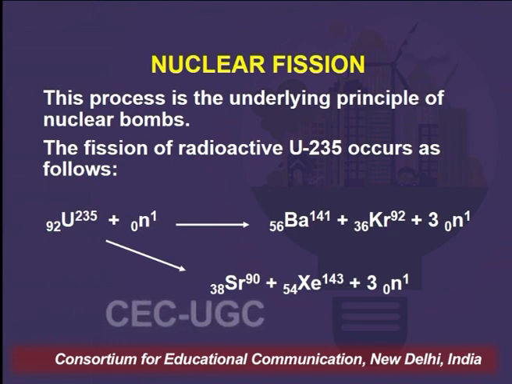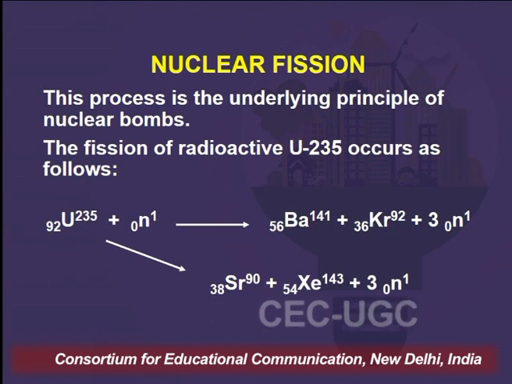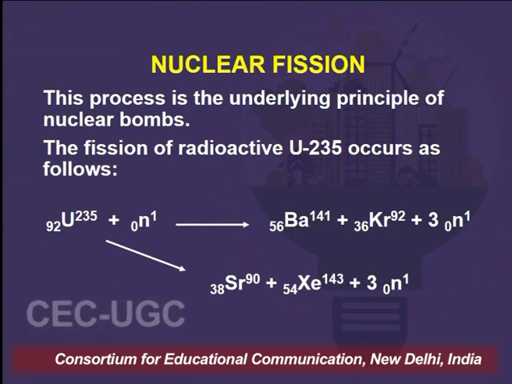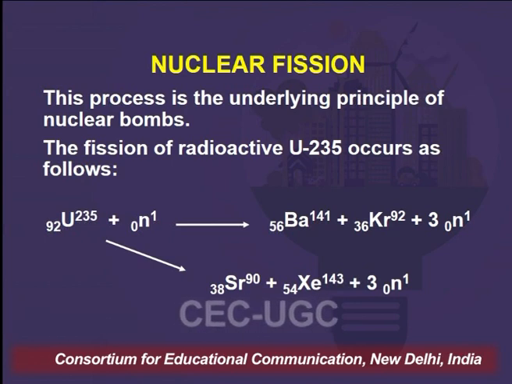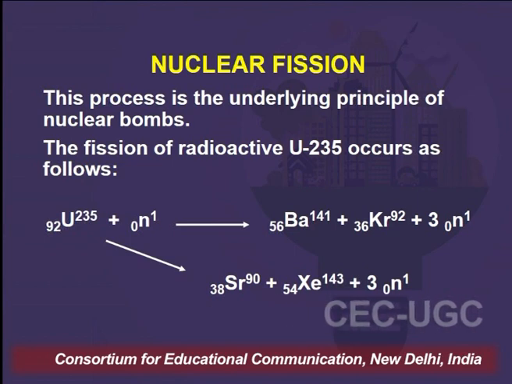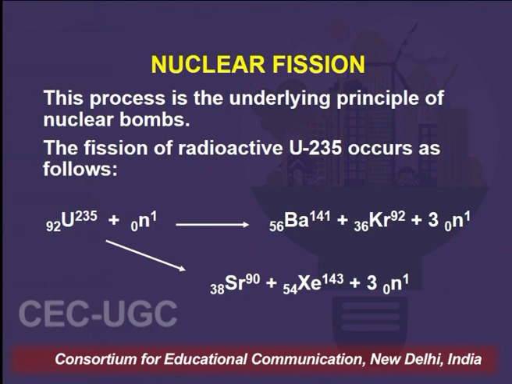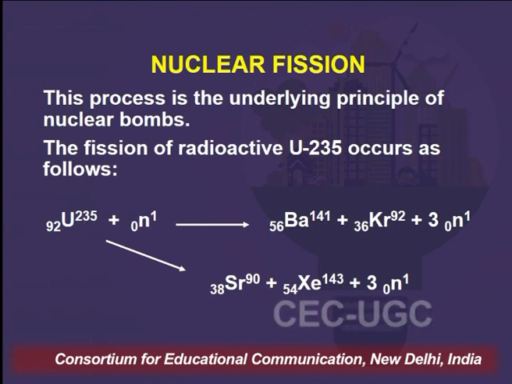Uranium-235 is the radioactive isotope of uranium, giving the radioactive isotope barium-141, krypton-92 and 3 neutrons.